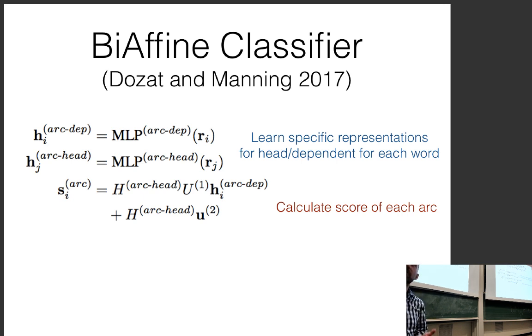For example, verbs tend to be heads a lot, so if it's a verb, this second term would give a high score. Whereas determiners, things like "the" and "a", are almost never heads, so they would get a very low score. So it's a pretty simple equation, but it works quite well.